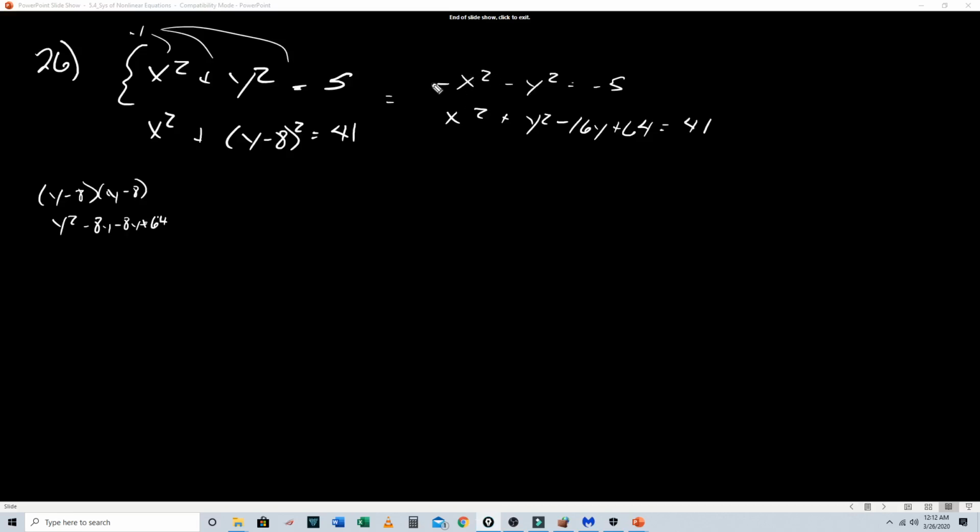So what's going to happen here is that's going to cancel and that's going to cancel. Isn't that nice? So that's going to leave me with just negative 16y plus 64 is equal to 36. So subtract 64 over. Negative 16y is equal to 28.